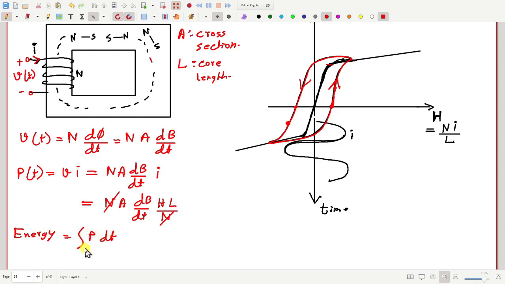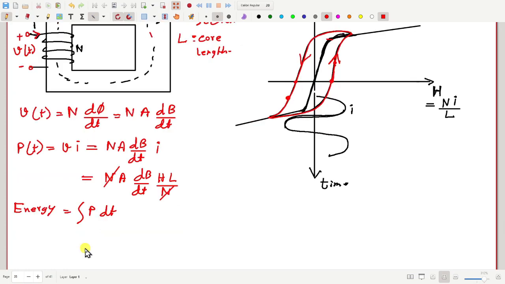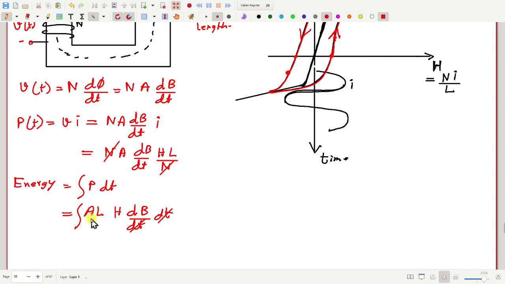You can integrate to get overall energy or average power maybe. So this will then be equal to AL into H dB, where the dt's cancel. Now this is integrated. Now A into L, area into length, that is the volume of the core.